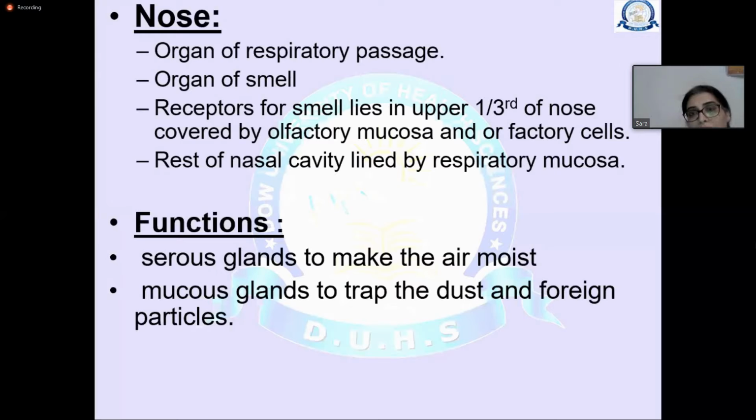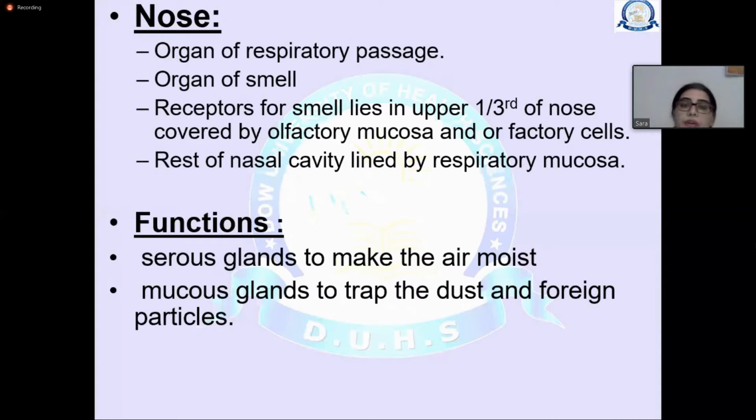So the main functions are respiration, humidification of air, the reception of smell. These are all the functions of the nose or the respiratory passages.